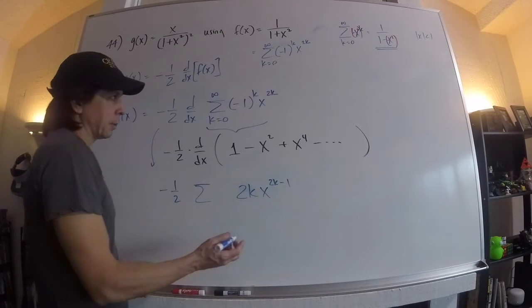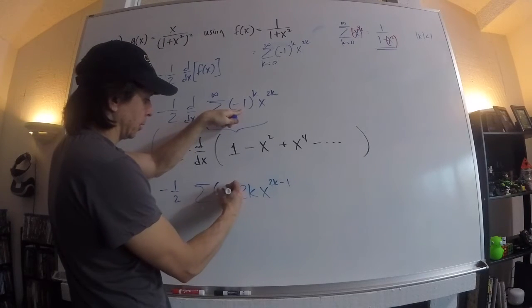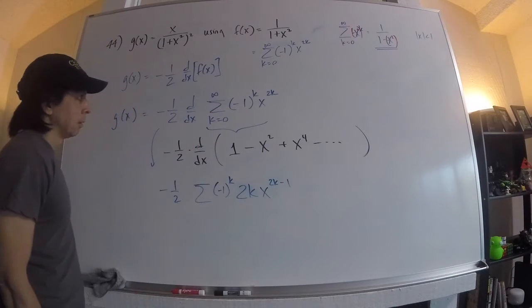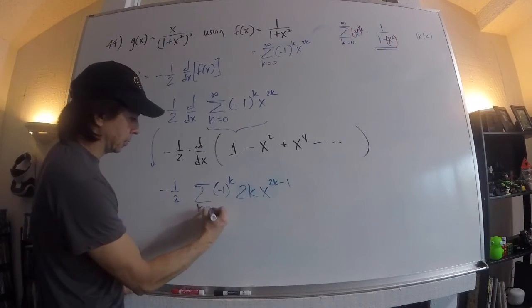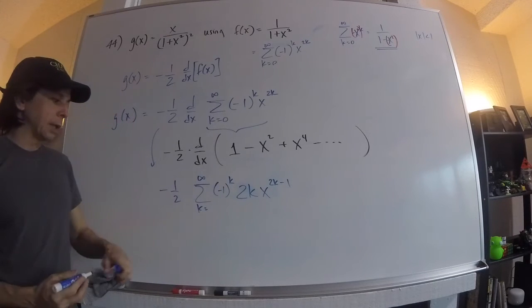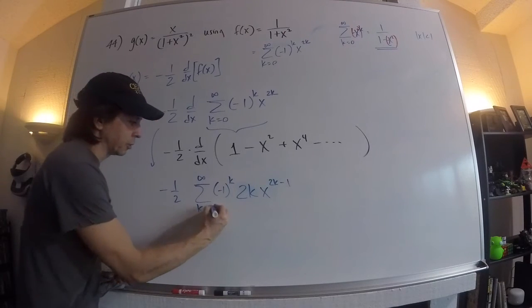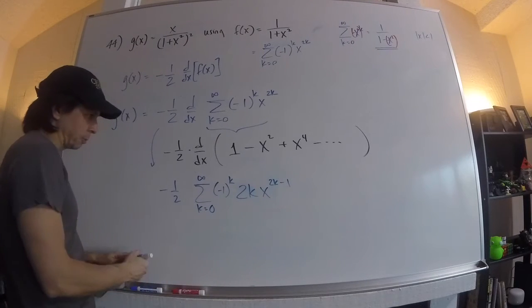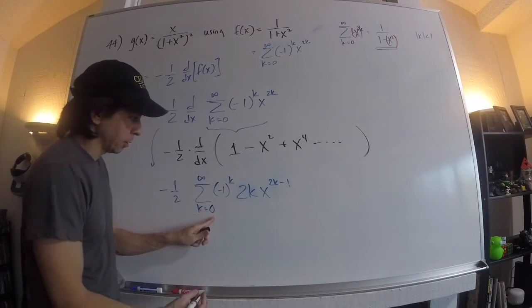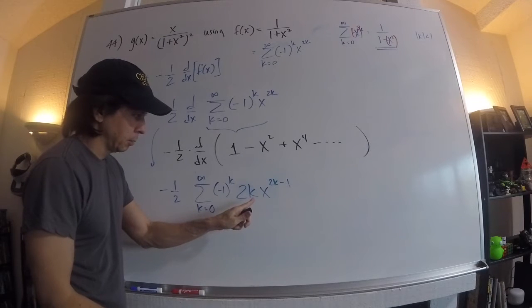Keep in mind what else I got. I got that negative 1 to the k. I'll have this negative 1/2 out there, and I'm good. Except that if I put 0 here, when I expand this out, I guess I'll just have 0.